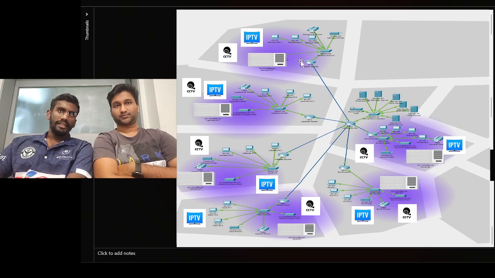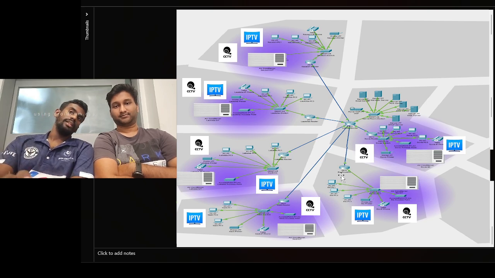The above one is the Nausori supermarket. The third one is the Lautoka branch. The fourth one is the Labasa branch, then the Nadi branch, and lastly the Ba branch. Each branch has its own router, which is connected to the central core router situated in the server room.